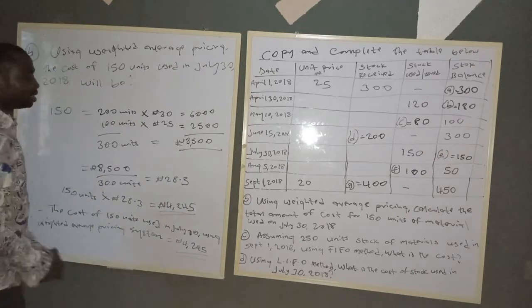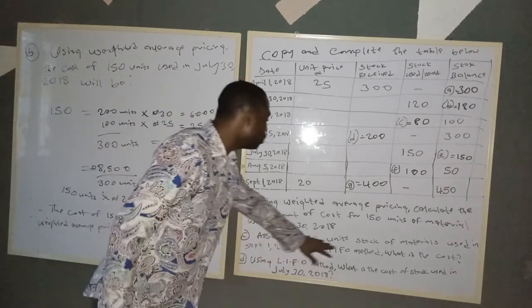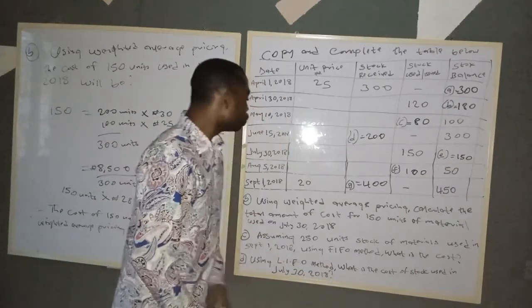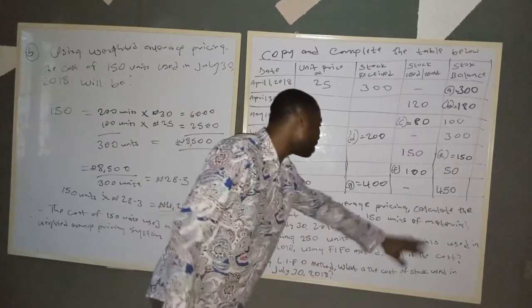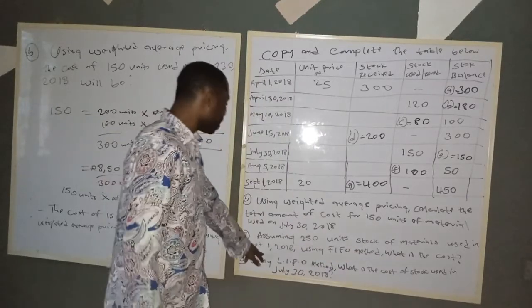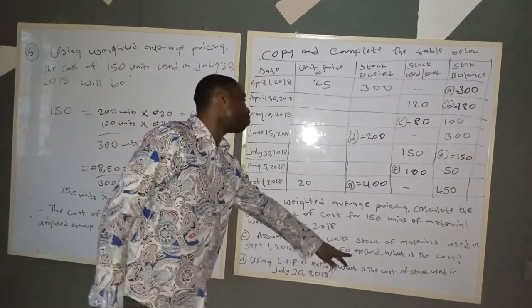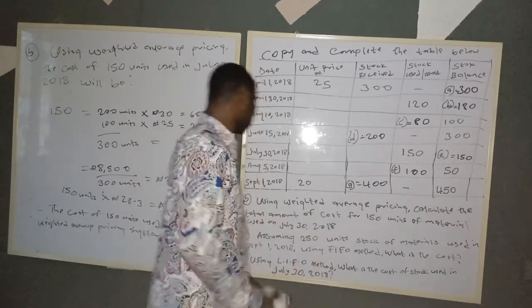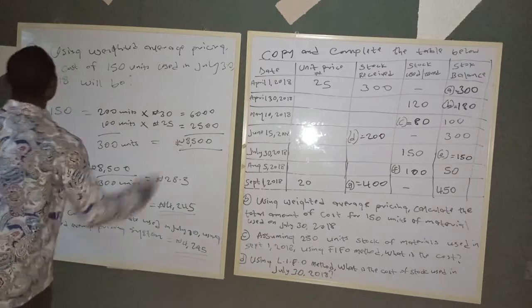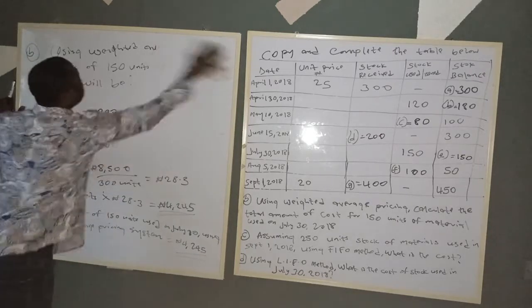Then we go to number C, that assuming 250 units stock of material used in September 1st, 2018 using FIFO method, what is the cost? So we can now go to that one.